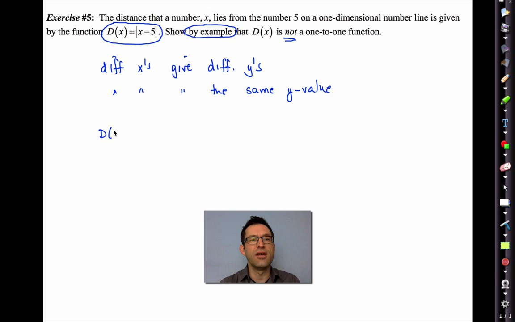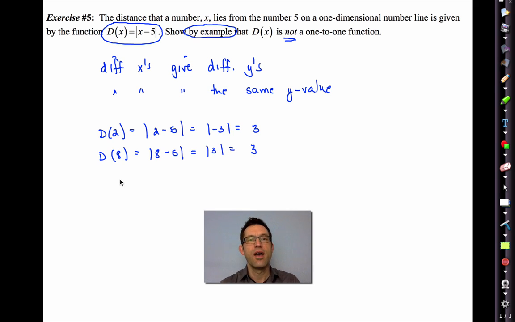Let's take a look at d of 2. If I just substitute that into my function, the absolute value of negative 3 gives me 3. Now let's see if I can figure out another one that gives me 3. Well, let's try d of 8. That's going to be the absolute value of 8 minus 5, which is the absolute value of 3, which is 3. All right, and that proves it's not one-to-one.